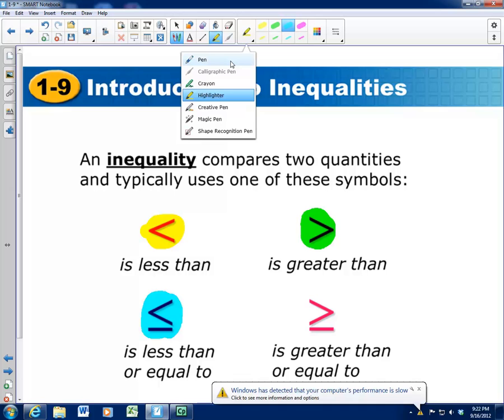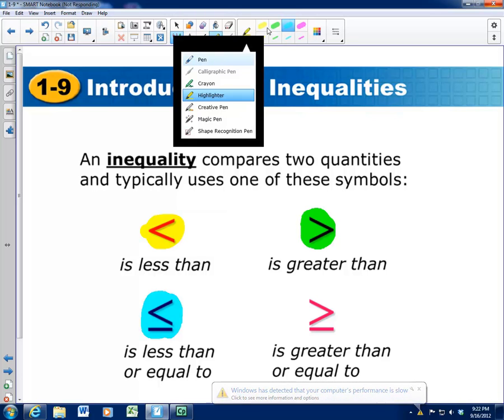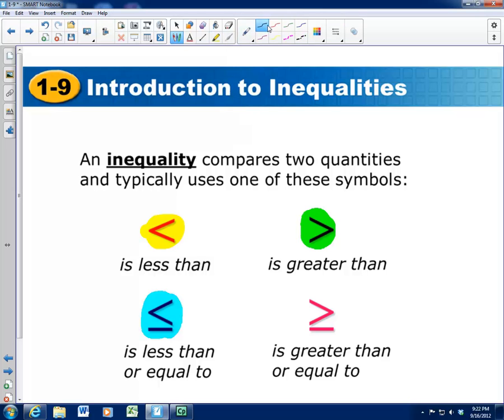The reason why these are important is because these things right here are going to determine what we're going to have to do to graph these on our number line. On our number line, the ones that say greater than or equal to, or less than or equal to, are going to be graphed with a solid, filled in dot.